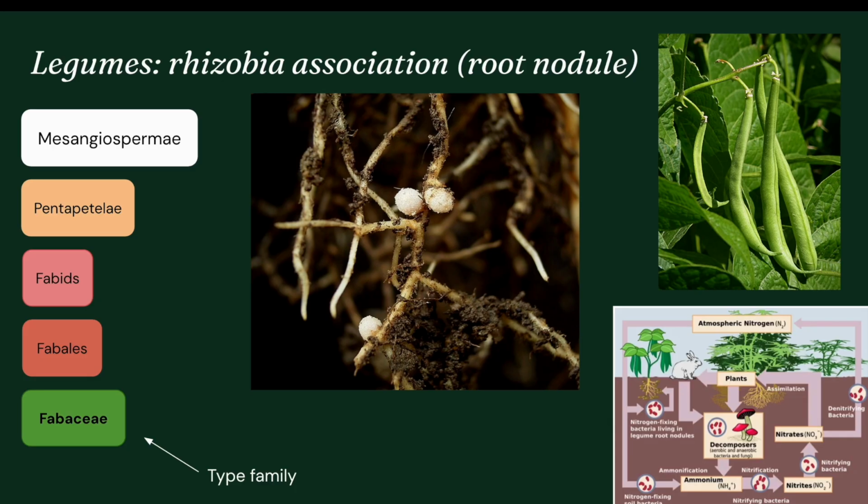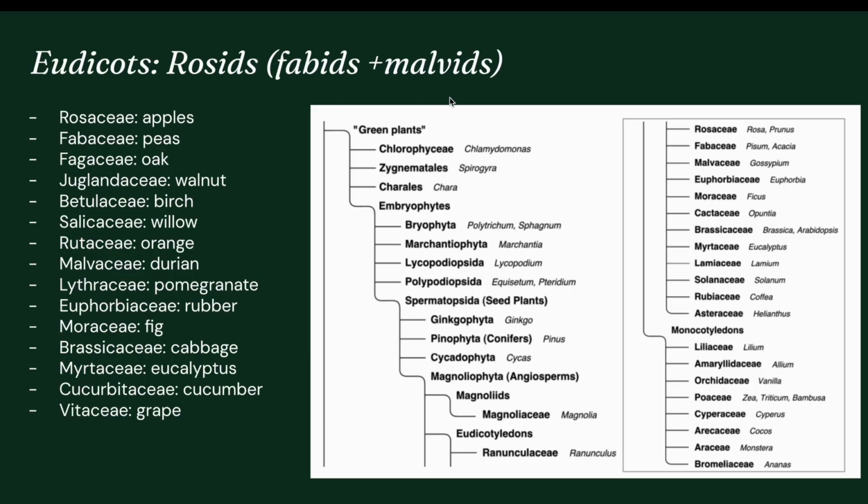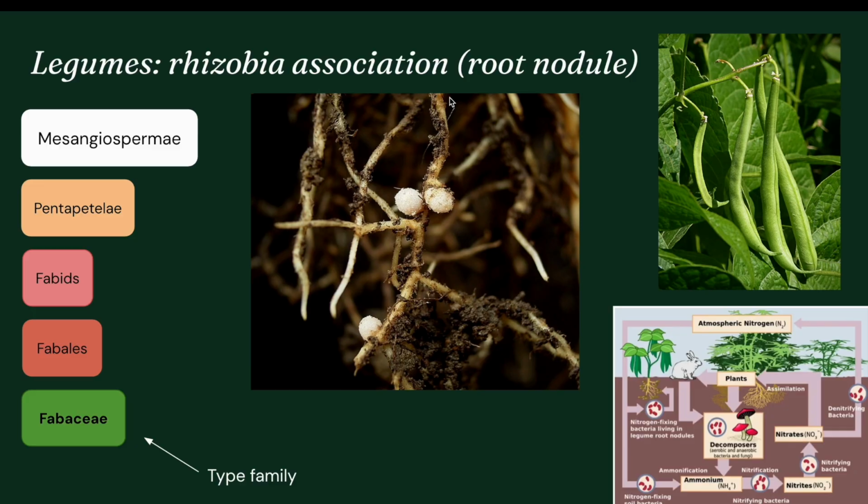This specific preserved specimen is the representative of this species, and that is the type specimen. There are also type species, which are representative of a genus, type genera, which are representative of a family, and type families, and so that is a concept that comes up pretty frequently in plant taxonomy, at least. A lot of these other big clades borrow their roots from specific type families and genera.